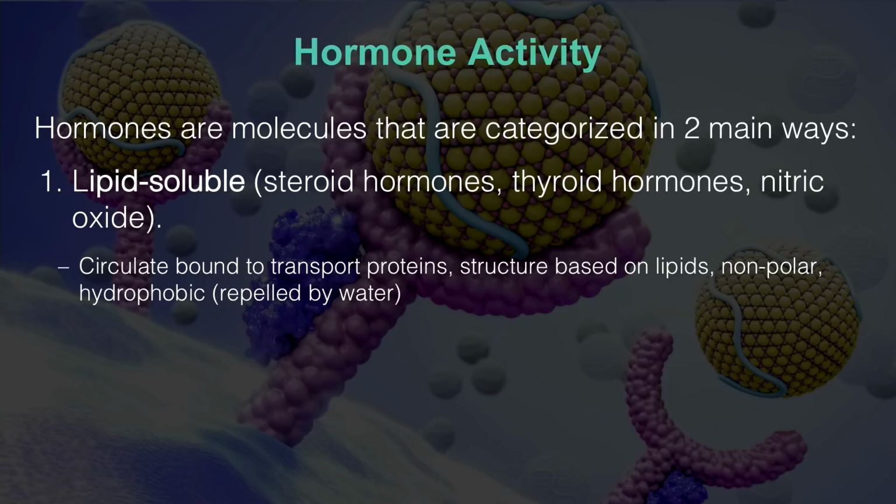And really what I mean is they can pass through the plasma membrane of cells easily. Plasma membranes are made of fatty acid derivatives. And so these can pass through the membrane of cells unopposed.